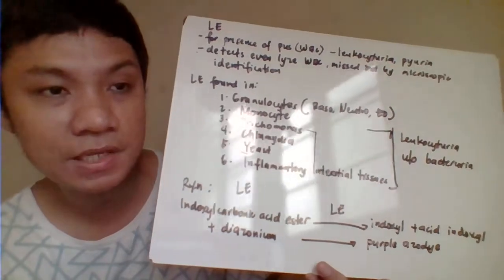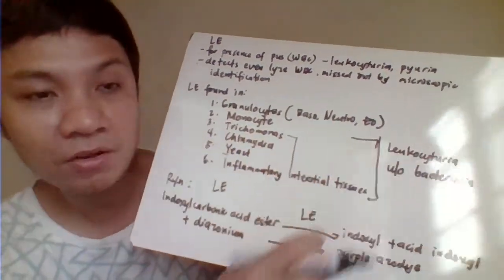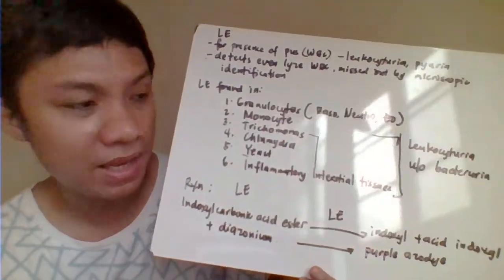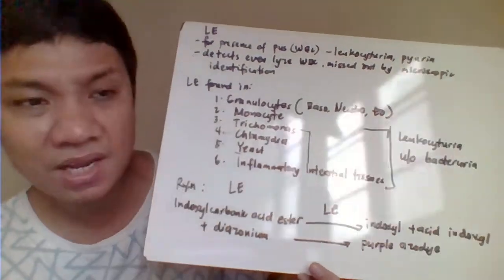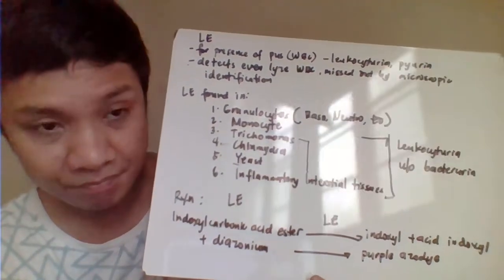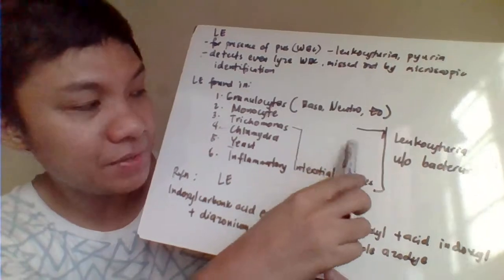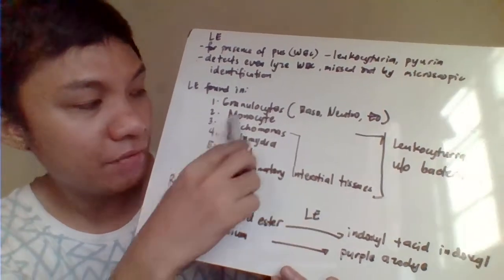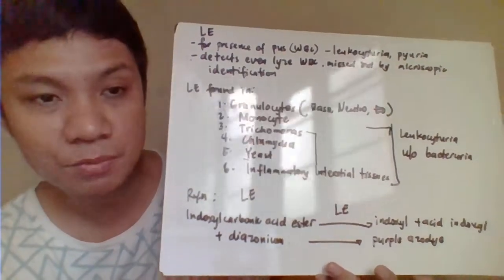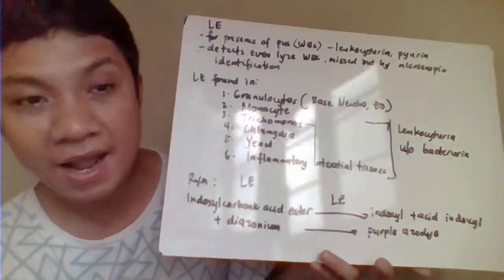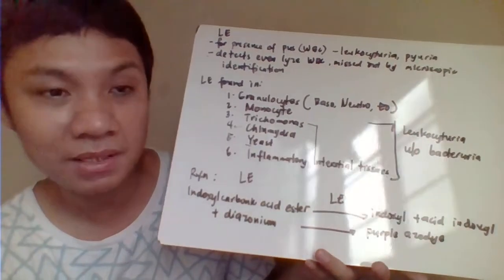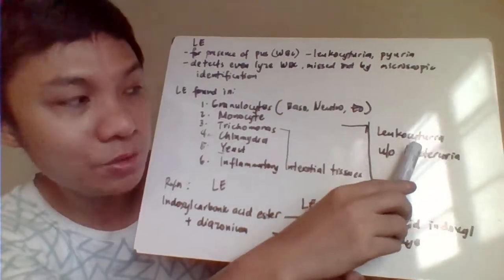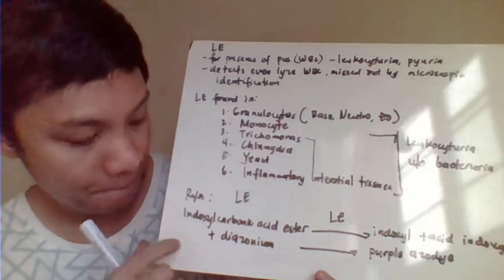I mean to say they are producing WBC, but without bacteria because they're not bacteria, except chlamydia, I think chlamydia is a bacteria. These microorganisms produce WBC, but they are not inducing an increased bacterial count. Kaya nga leukocyturia without bacteria.